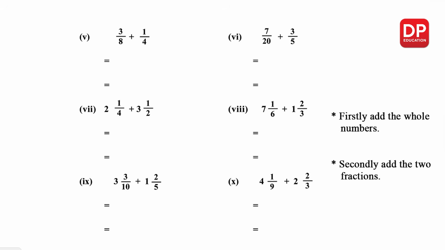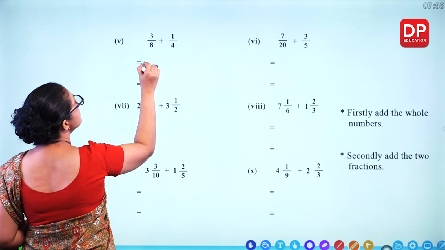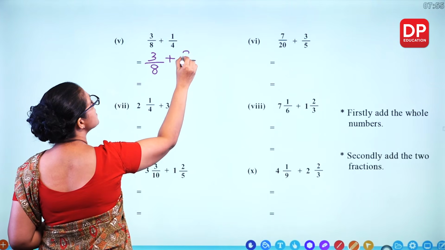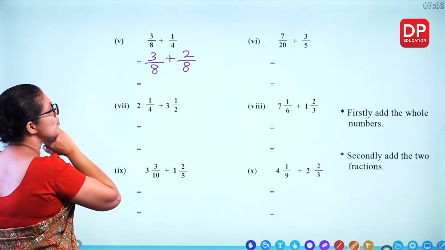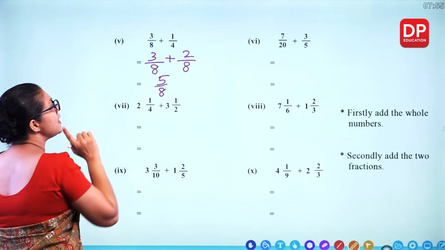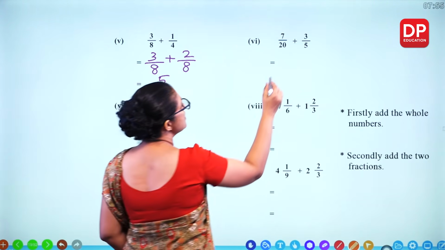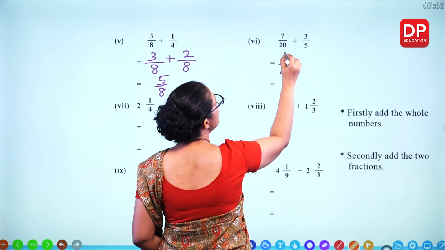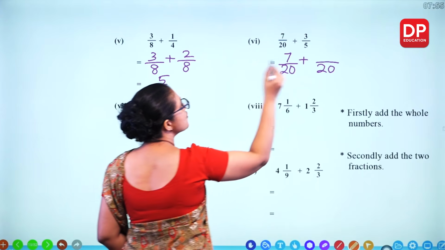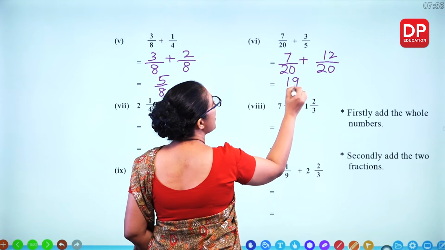This one, 8, 4. 8 is the common denominator. So convert to 8 here. 2 times 4, 8. So 2 times 1. 3 times 2. 3 plus 2 is 5. This one, 20 is the lowest common multiple. Convert to 20. 4 times 3 here, 12. 12 plus 7, 19.